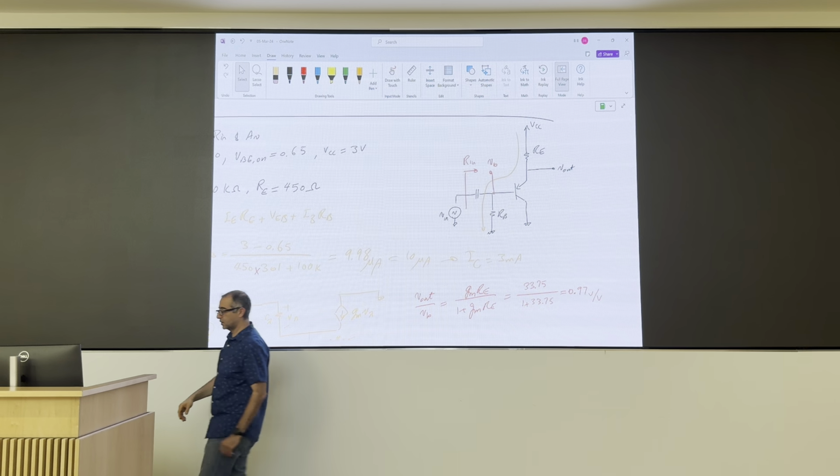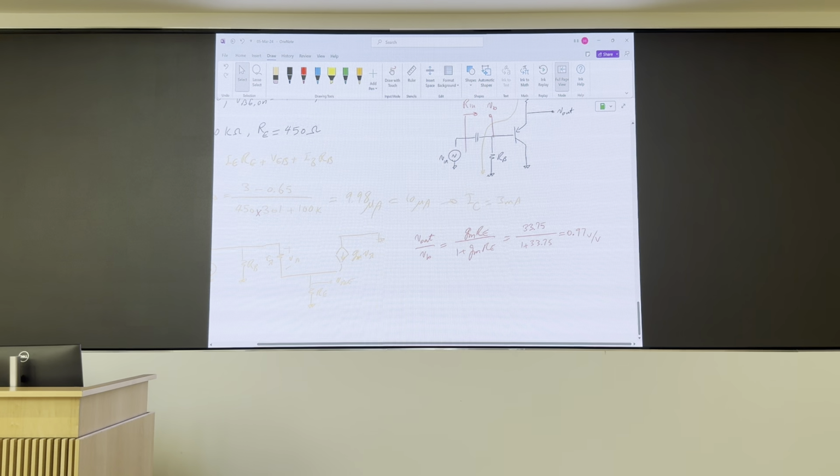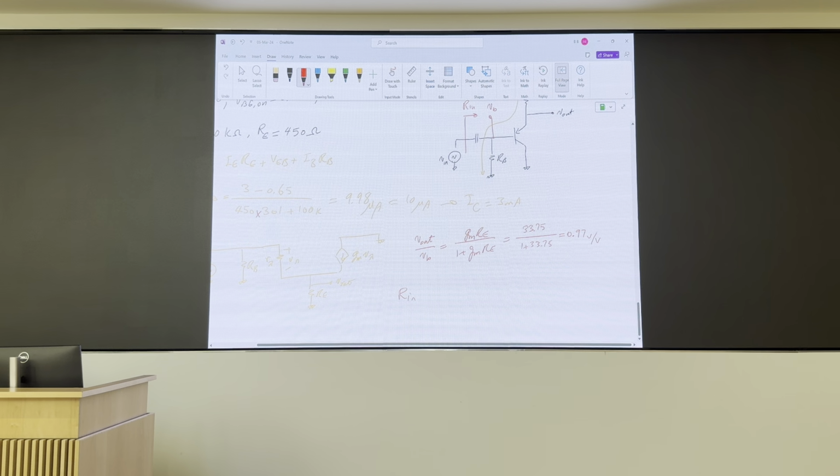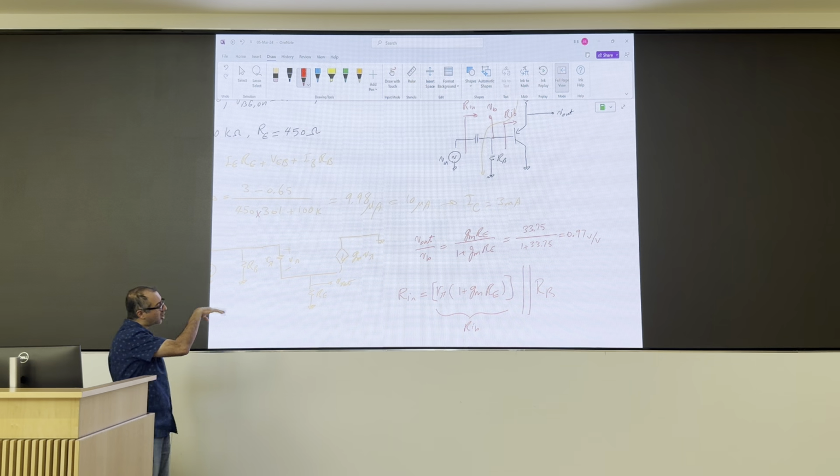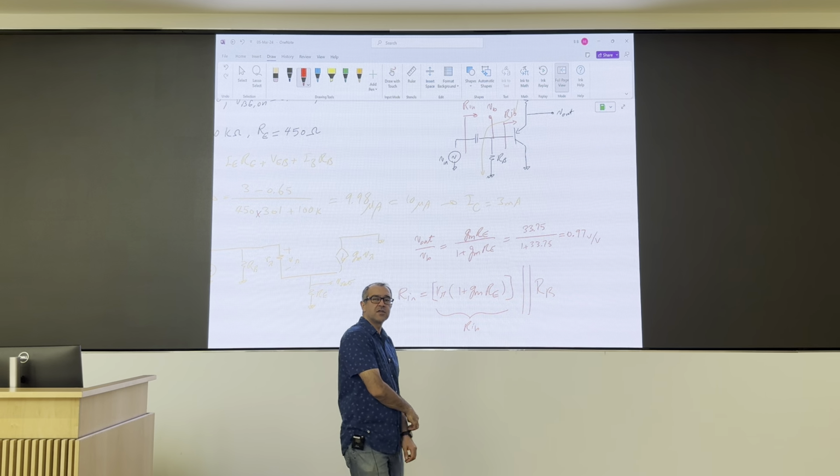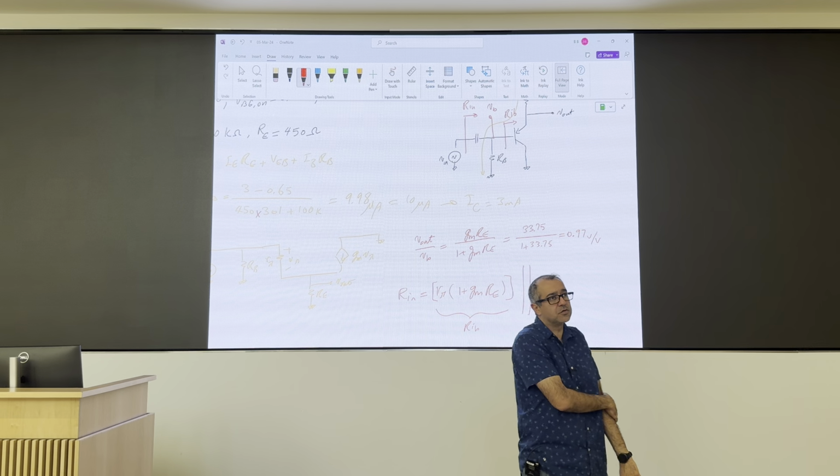So this is the input resistance of my stage. That's what I see when I look into the base. Let's just call it RID. That whole thing is in parallel with RB. Okay, so RB in this case affects my input resistance but doesn't affect my gain.